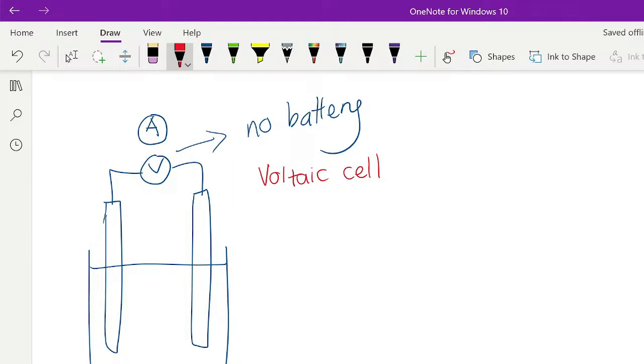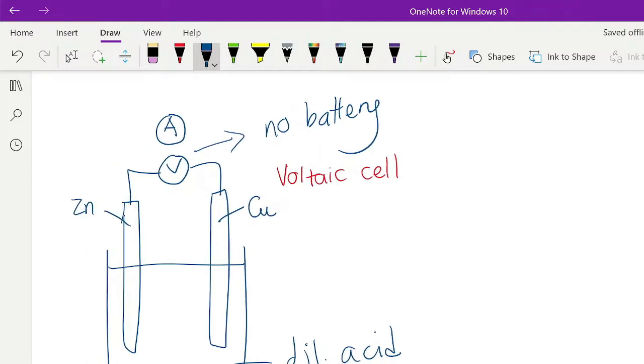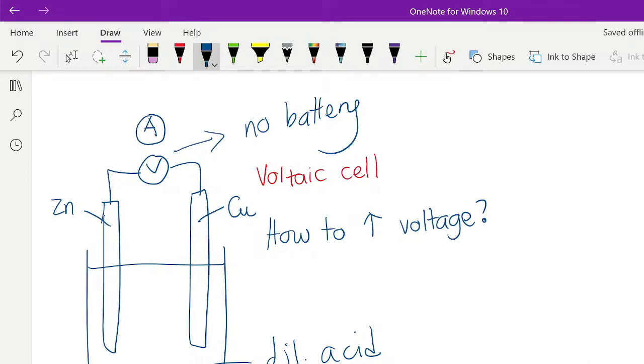Now, let's say we have a question like this. This is a dilute acid solution, and we have copper. If they ask us how to increase the voltage, it is by making the difference of reactivity of the metals bigger.